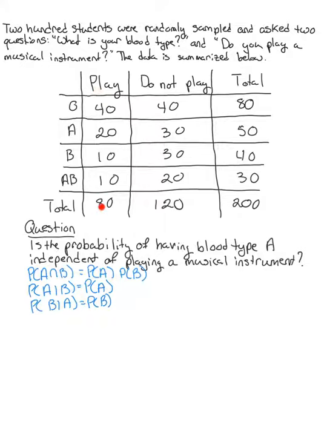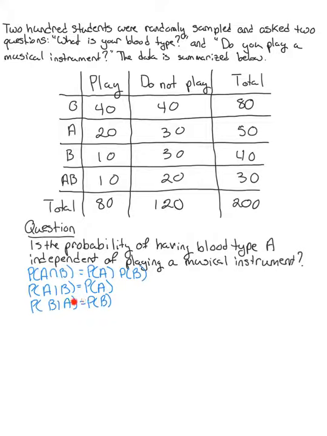We would like to figure out if the probability of the student having blood type A is independent of if they play an instrument. And if the probability of them being blood type A, given that they play an instrument, is equal to the probability of them being blood type A, then that means the fact that we were told that the person plays an instrument does not have an effect on the person being of blood type A.